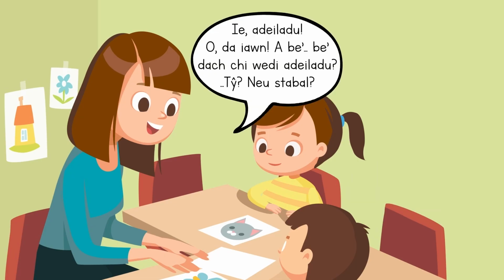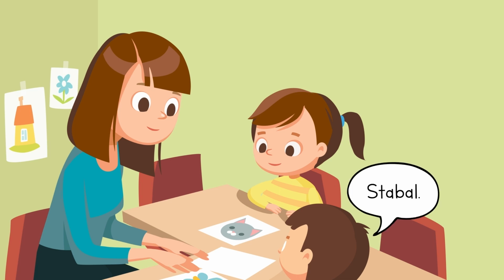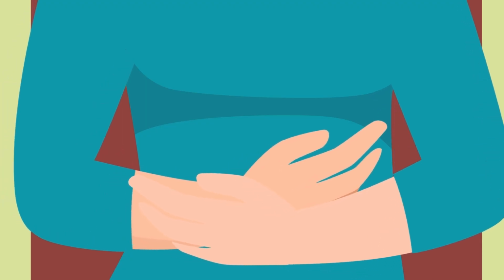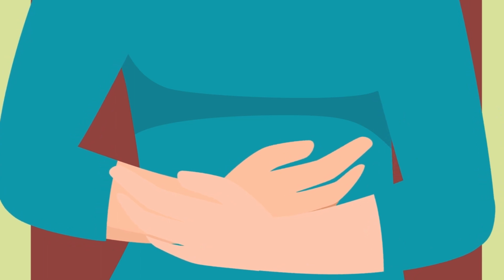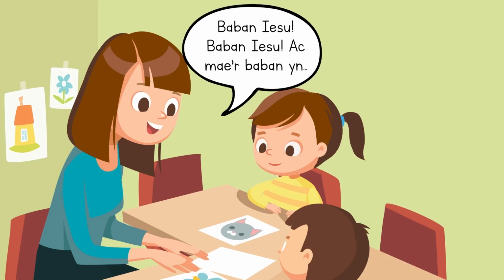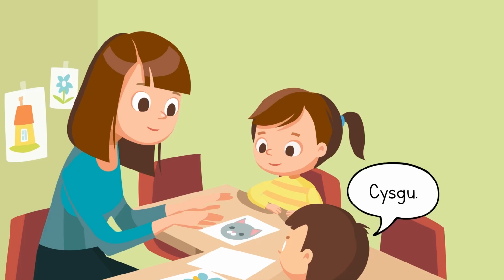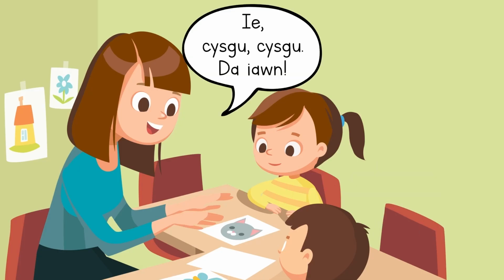Ie, adeiladu. O, da iawn. A be da chi wedi adeiladu? Tŷ neu stabal? Stabal. Pwy sy'n byw yn y stabal? Baban Iesu. Baban Iesu. Ac mae'r baban yn... Cysgu. Ie, cysgu, cysgu. Da iawn.